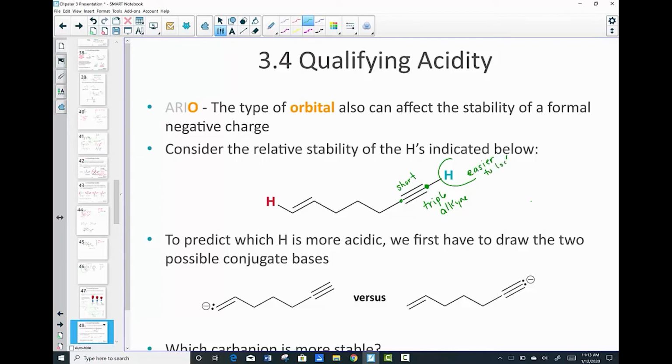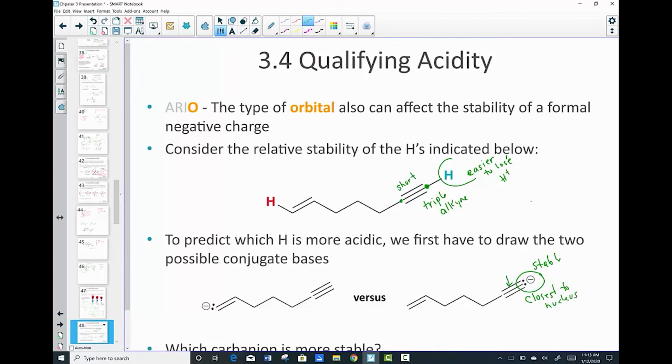Easier to lose this proton because the negative charge is going to be stabilized. And so just think about that negative ion that forms is much more stable with this electron-rich area. It's closest to the nucleus. And that's where positive charges are, the nucleus, and therefore that creates stability.